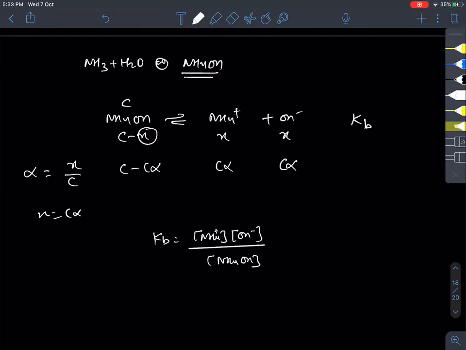So at equilibrium, it will be simply Kb. Taking this term to the left side, C alpha, C into 1 minus alpha. From here, we got C alpha square upon 1 minus alpha is equal to Kb.